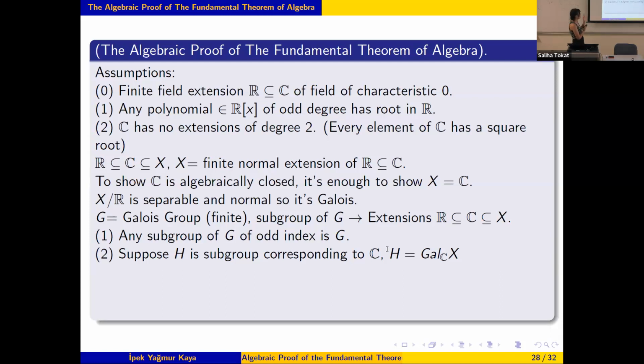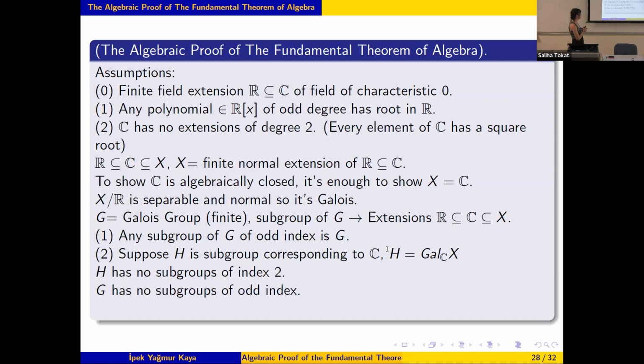Our second assumption says that C has no extension of degree 2. So suppose H is the subgroup corresponding to C, and let's take H to be the Galois group of X over C. Then the automorphisms of X fix all elements of C, and the extensions of C correspond to subgroups of H. So H has no subgroup of index 2, because we said that C has no extension of degree 2.